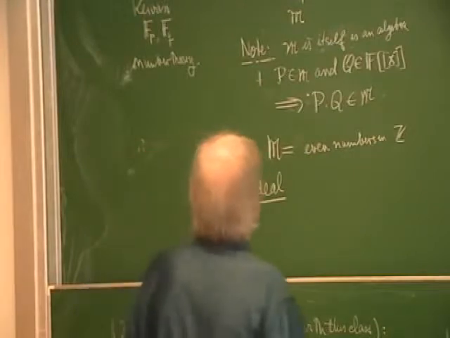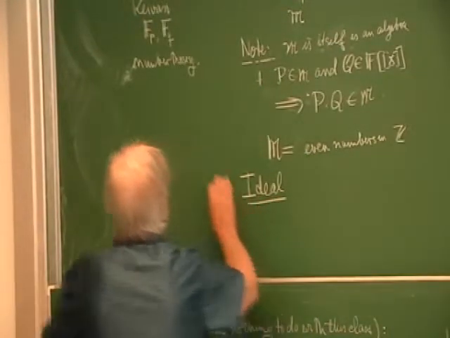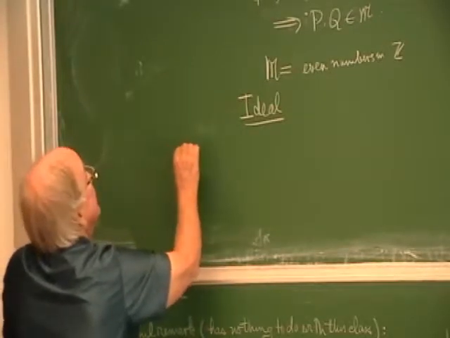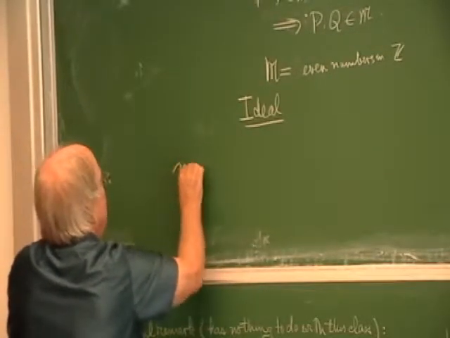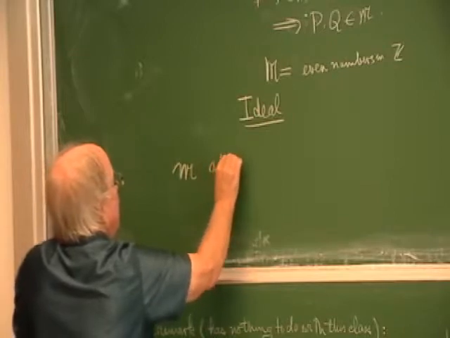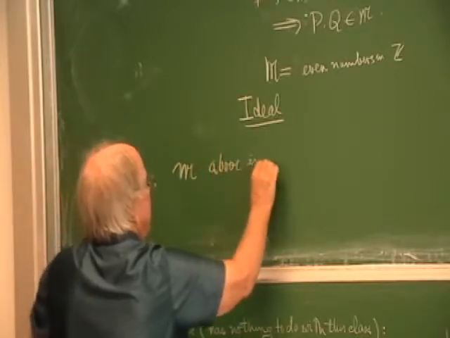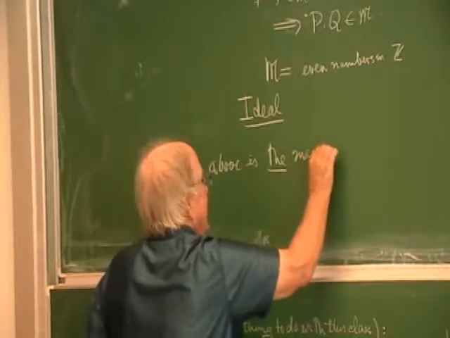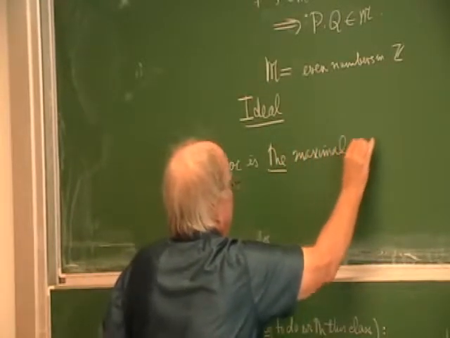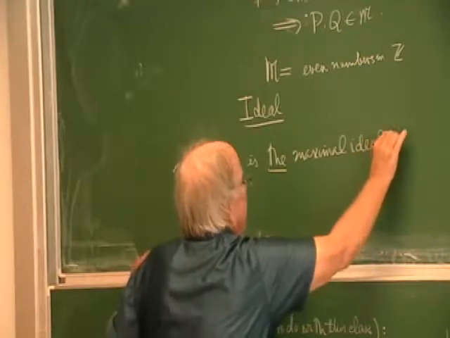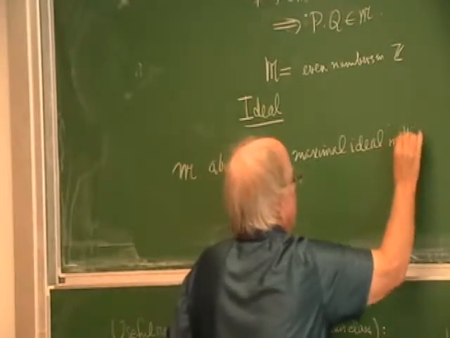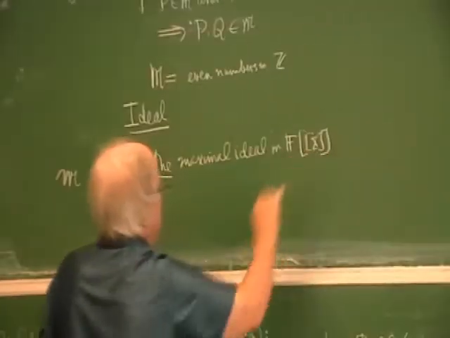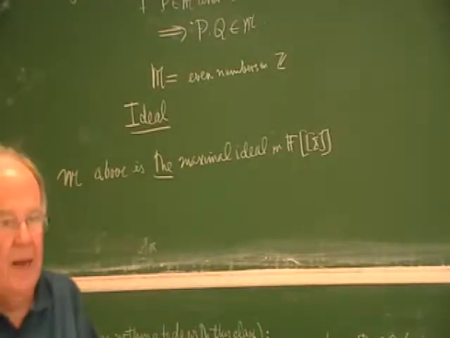Okay. So this is a fundamental thing, and here, this thing M above is the maximal ideal in this power series. Now, I am not a number theorist.